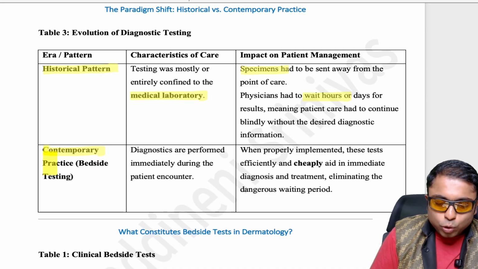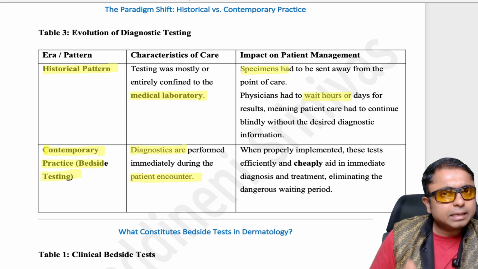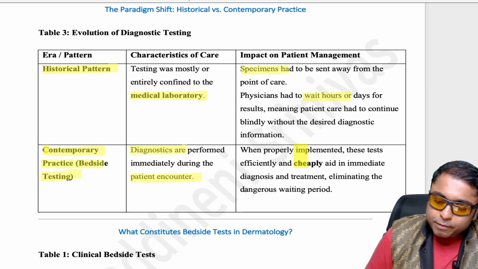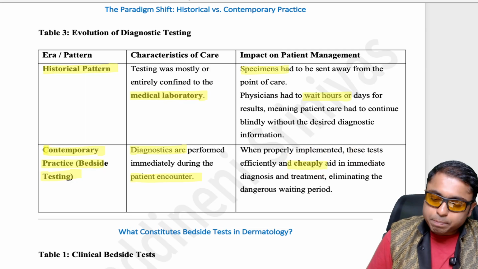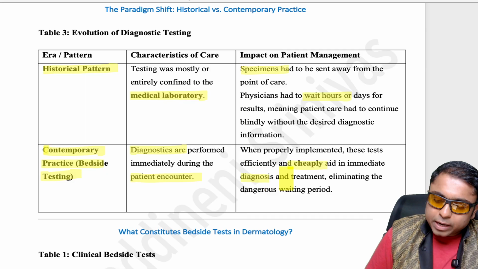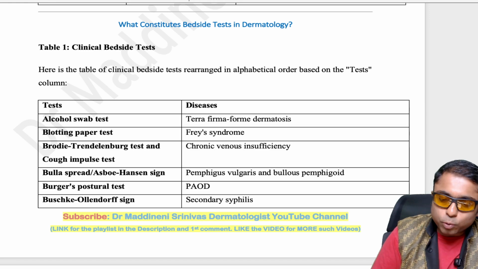So now we have this contemporary practice of bedside testing, where the diagnostics are performed immediately during the patient encounter, that is in the OPD or IPD. When properly implemented, these help efficiently and cheaply, and immediate diagnosis and treatment become possible, eliminating the dangerous waiting period which could delay the treatment protocol.